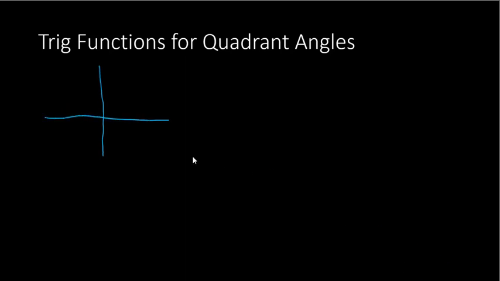So if you're looking at a 90-degree angle, an angle like this right here, and we're trying to figure out sine, cosine, and tangent. Again, you can go through the thought process that I gave you with the y over r and then y over x. You can do that, or you can use my other method of thinking through this, which I personally prefer, and that is the fact that the sine of 90 degrees, if you're looking here, the y component is sine.